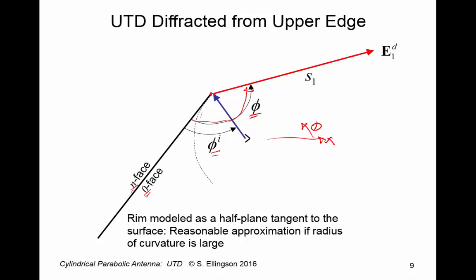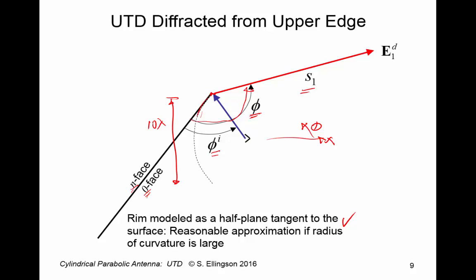The distance from here to here is s_1. And we're going to do one other thing. We're going to model the rim as a half plane tangent to the surface. And that's a reasonable approximation if the radius of curvature of the surface is large. Now, this is a 1/2 f over D, 10 wavelength reflector. So this dimension's 10 lambda. And so this curvature is very, very large relative to a wavelength.